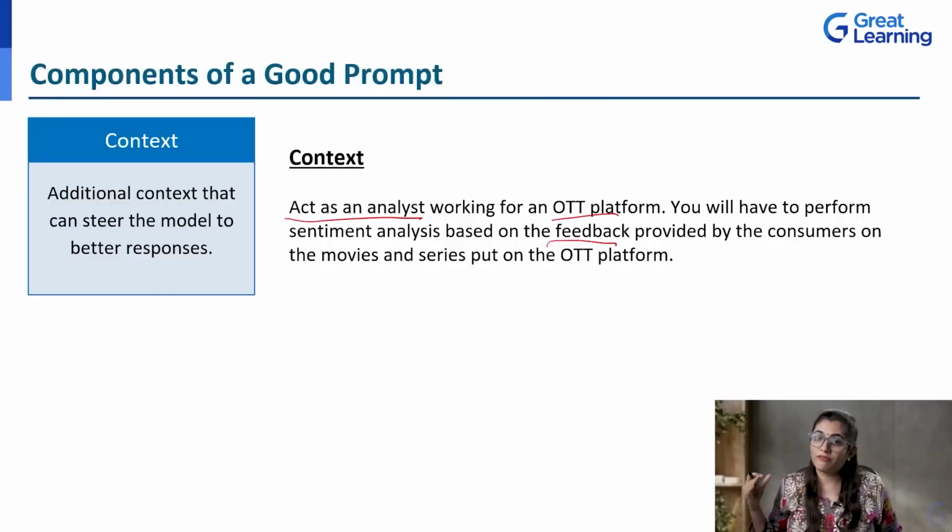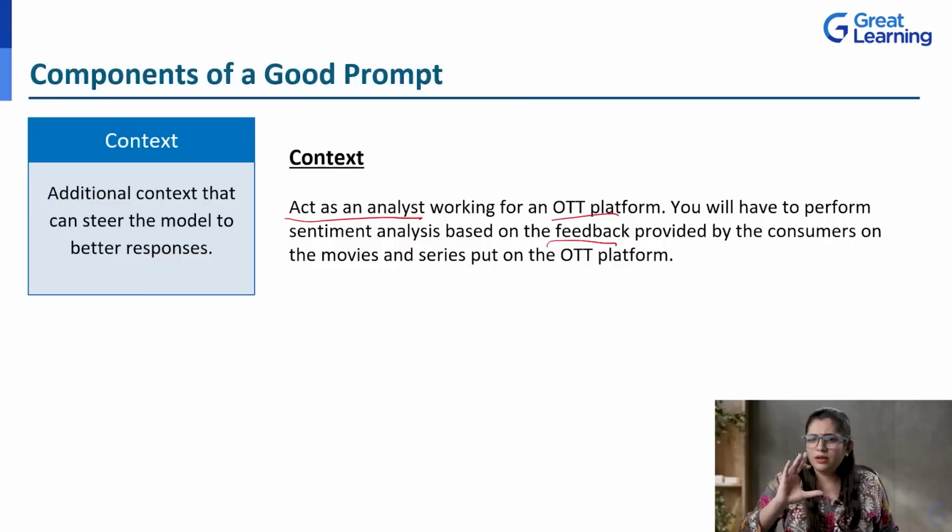You are working for an OTT platform. Your consumers are the users that are seeing your movies, your web series. Now, on the feedback that they provide, you have to do sentiment analysis. This is the context that you are giving to your ChatGPT.